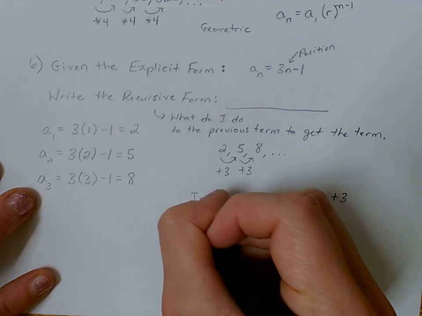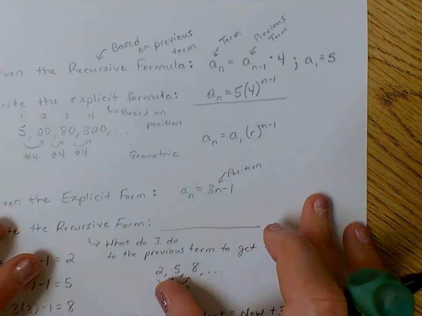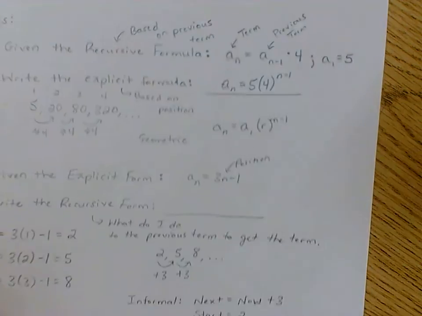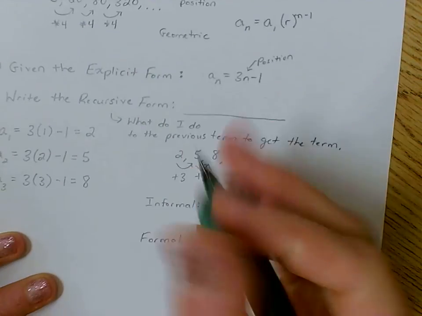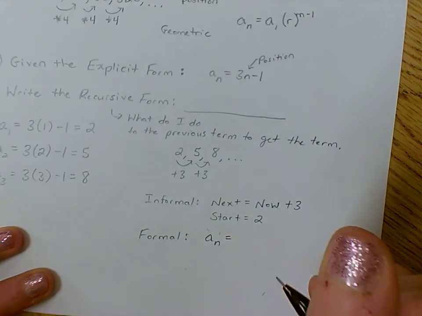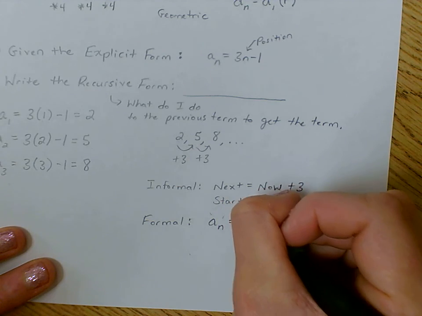The formal way would be using that notation that you saw up here, the one that had the a sub n and the a sub n minus 1. And so to find the a sub n term, which is just a term in your sequence, you have to take something and do something to the term right before that one.